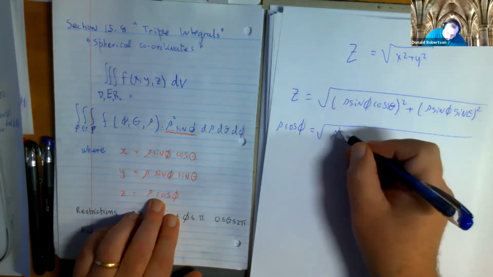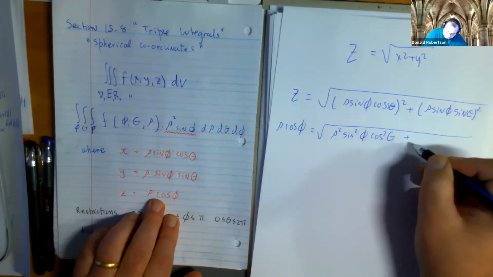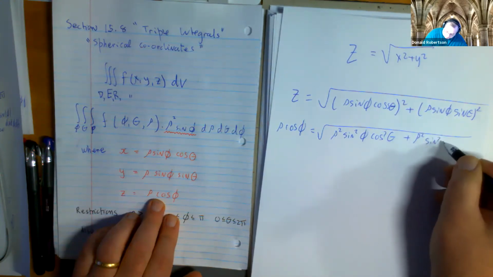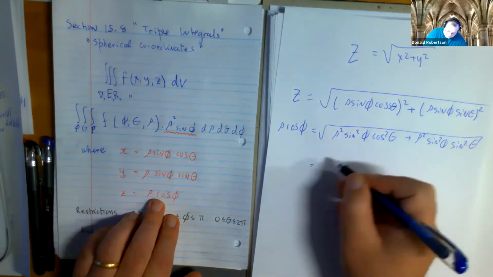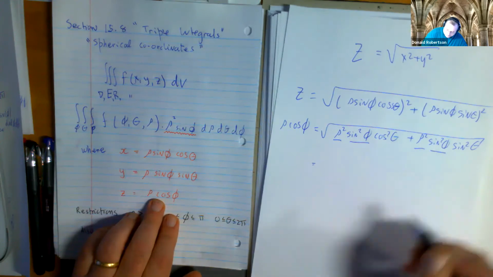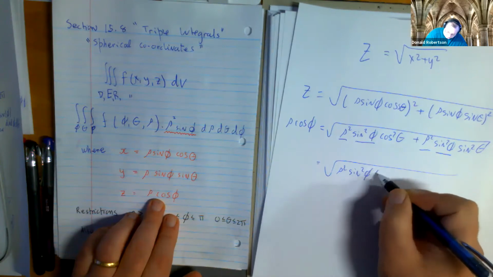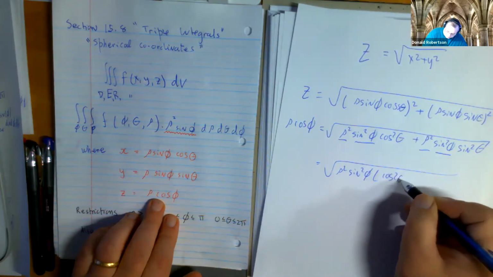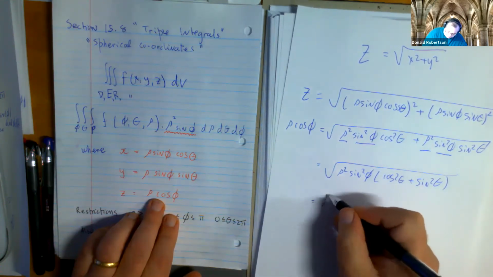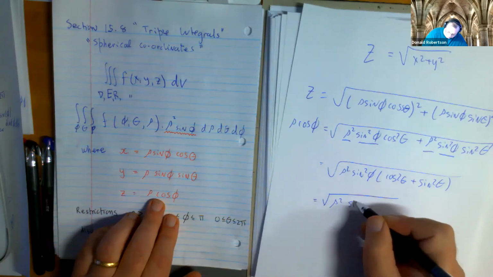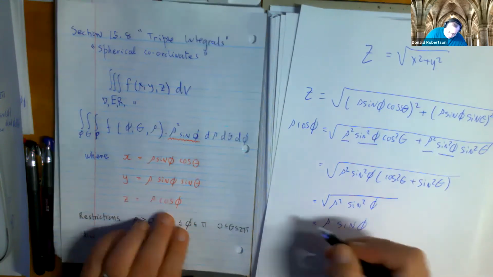This guy gets you rho squared sine squared phi cos squared theta, rho squared sine squared phi sine squared theta. They share a common factor, so that's going to be rho squared sine squared phi, a cos squared theta plus a sine squared theta. But that's 1, so it becomes this guy, which if you take the positive square root becomes this guy.